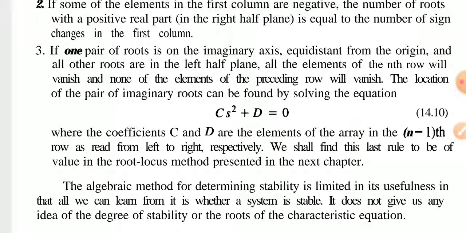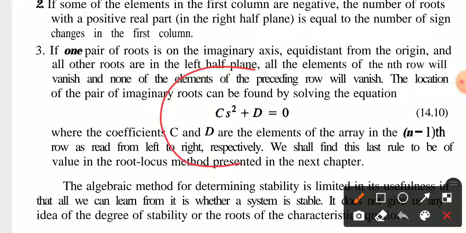Okay, c s squared plus d is equal to 0, where the coefficients c and d are the elements in the array from the n minus 1 row. The row is read from left to right. So again, read this equation c s squared plus d is equal to 0, and this is the third point.